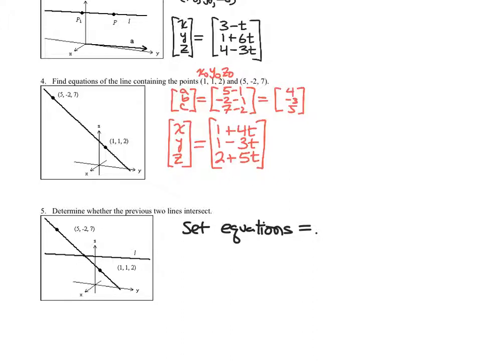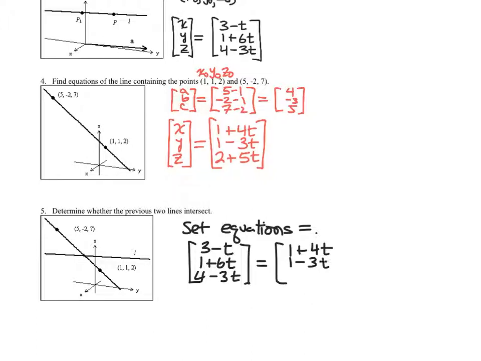So we'd be looking at, and I'll write them without the x, y, z because I don't think we need that now, 3 minus t, 1 plus 6t, and 4 minus 3t. All right, so that's my first equation. Second one would be 1 plus 4t, 1 minus 3t, and 2 plus 5t.